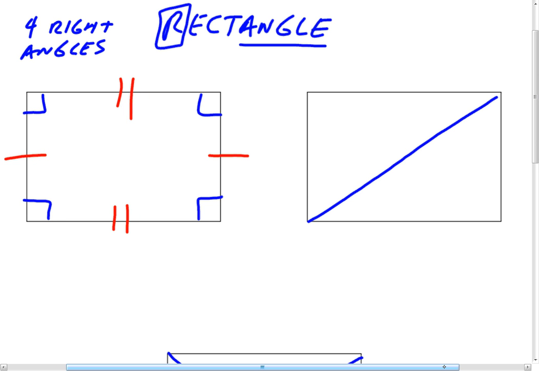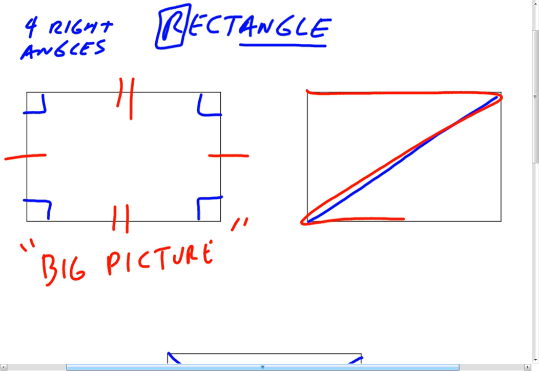Let's do the same thing that we did before. We have the big picture. Big picture I'm referring to is without any diagonals. If we start throwing in diagonals, what kind of angle pairs did we say we have to consider now? Alternate interior.